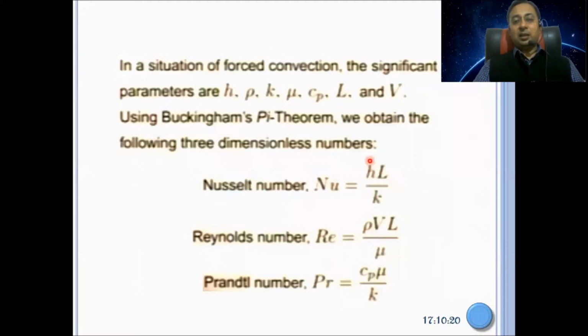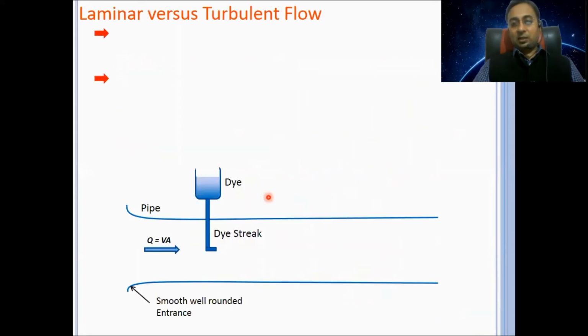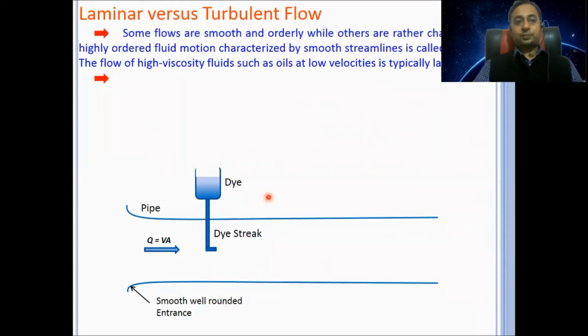And in convective heat transfer, we will use these three numbers: Nusselt number, Reynolds number, and Prandtl number. Now let's start with the Reynolds number. Reynolds number is connected with the type of fluid flow. You studied all these things in fluid mechanics, right? There are two types of flow. One is laminar flow, and the second one is turbulent flow.